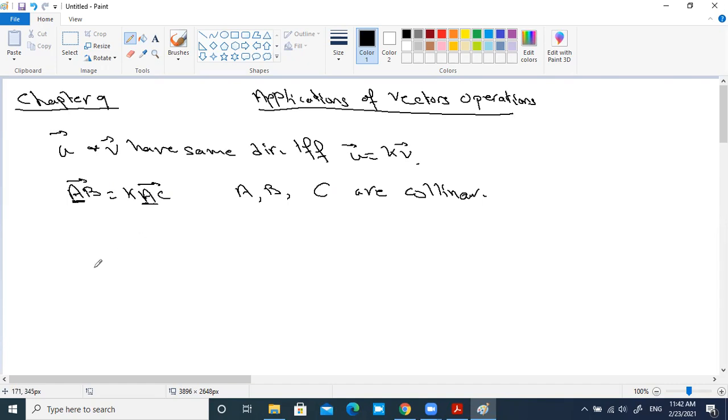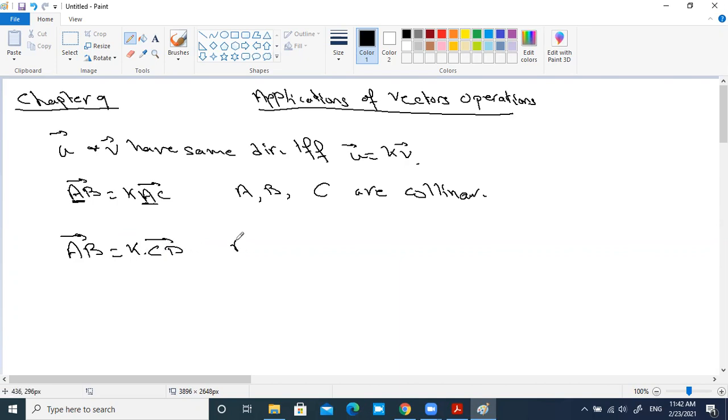For parallel lines, still on the same idea, same direction means lines are parallel. Now, if, for example, you prove that AB is equal to some constant k times CD, then what can we say about the lines if the points are not collinear?